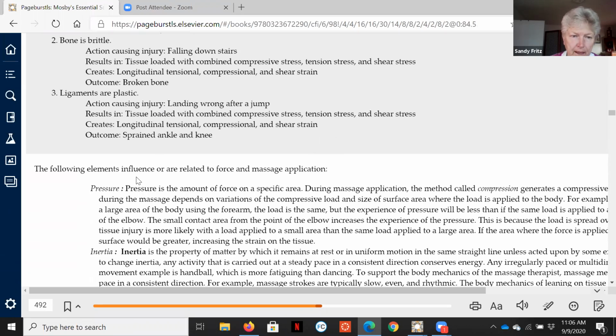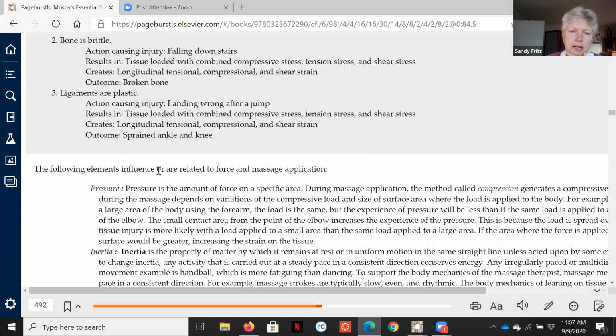So as we are trying to comprehend what is happening under our hands or our forearms, the language here in biomechanics is going to cross over from what we might think of as an isolated practice. It's going to give us a way of explaining a mechanism of outcome.